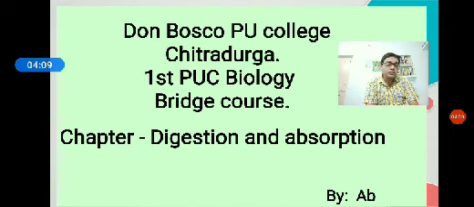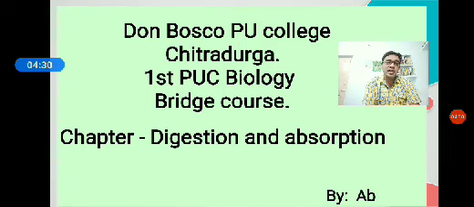I am going to correlate what you studied at high school level with what you are going to study at PU level. Such correlation concepts I am going to discuss in this class.